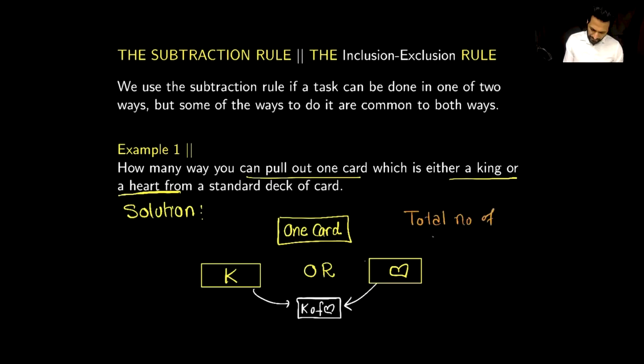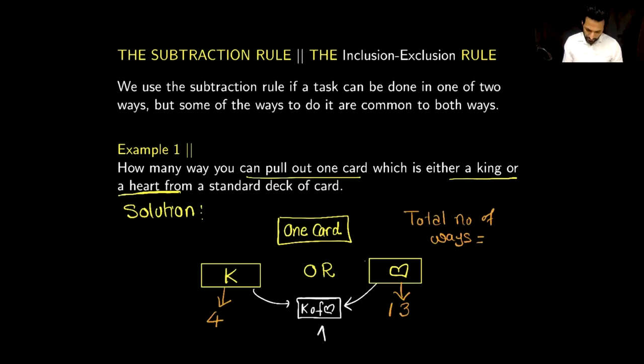Therefore, the total number of ways to pull one card will be: how many ways can we pull out a king? There are four kings in a standard deck of cards, so there are four ways. How many ways can we pull out a heart? There are 13 ways to pull out a heart. And how many ways can we pull out the king of hearts?